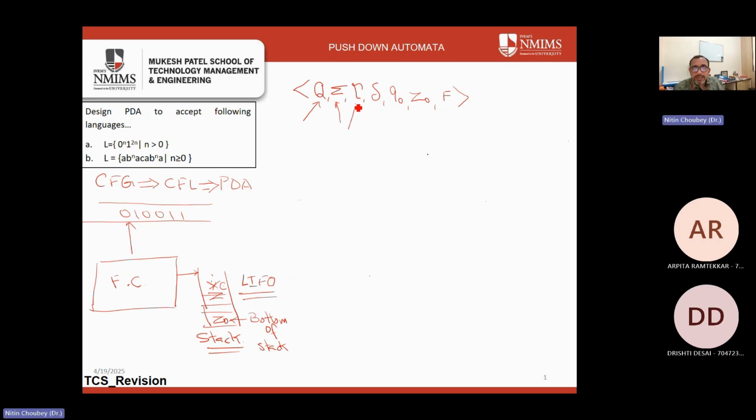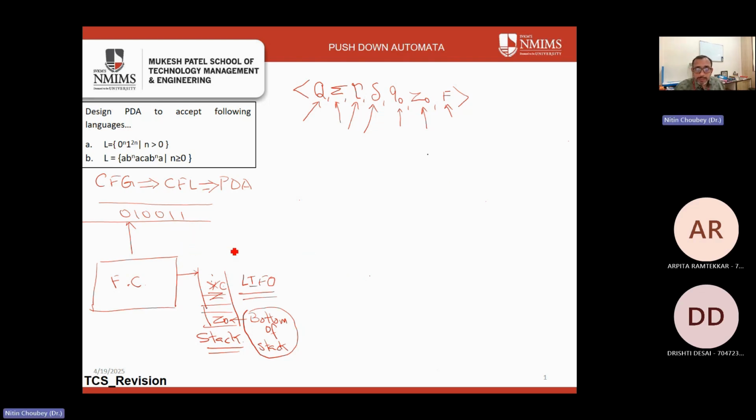This tau is referred to as the finite set of allowable stack symbols, the symbols which we can push onto the stack. Delta is nothing but the transition function. Q0 represents the initial state. Z0 represents the special stack symbol, which is referred to as the bottom of stack indicator. And capital F is nothing but the finite set of final states.